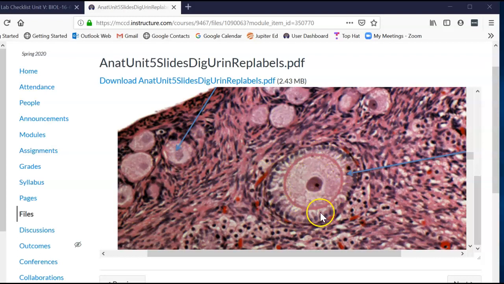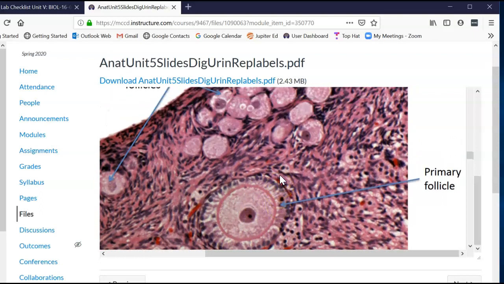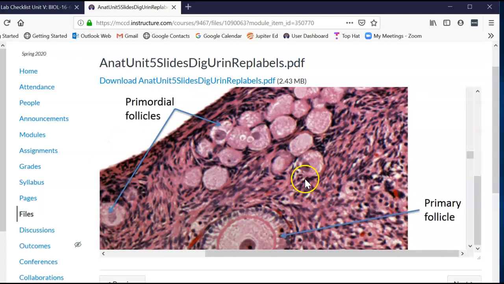It has a nice strong thick layer of cells around it. These are follicular cells, and they're going to be eventually supporting that oocyte, and they're going to be secreting hormones, estrogen primarily, for further development.